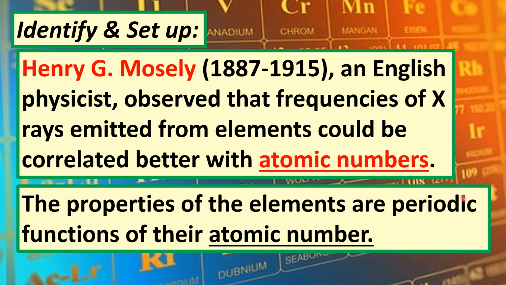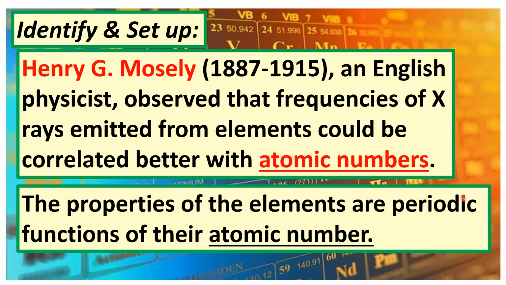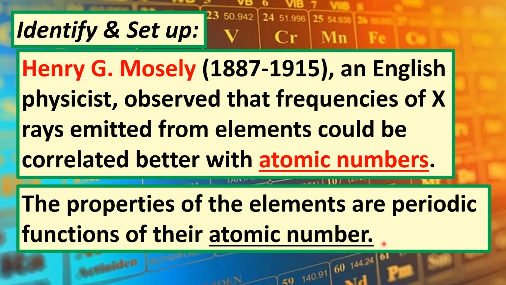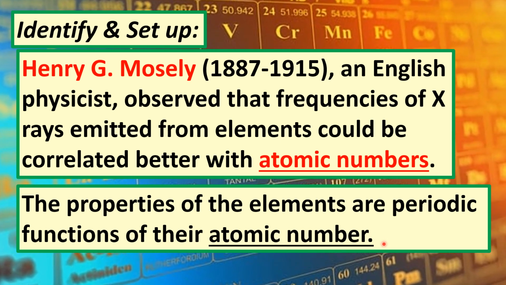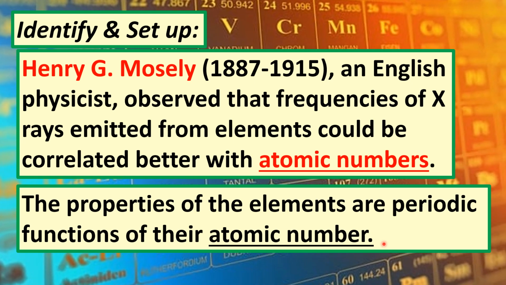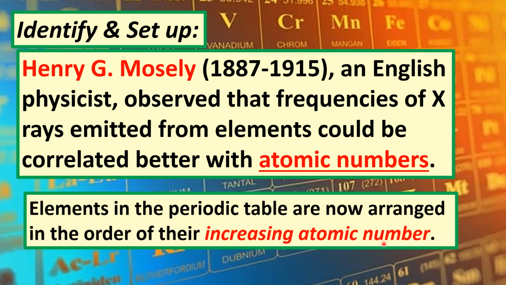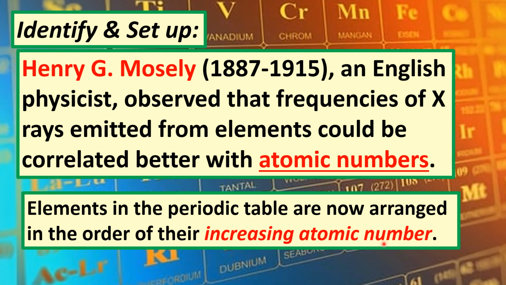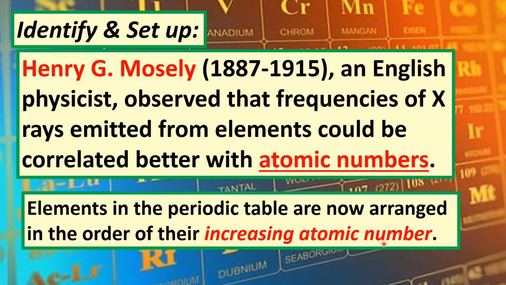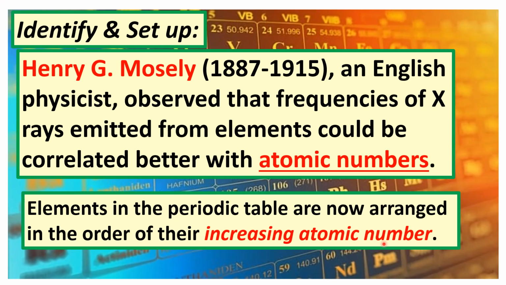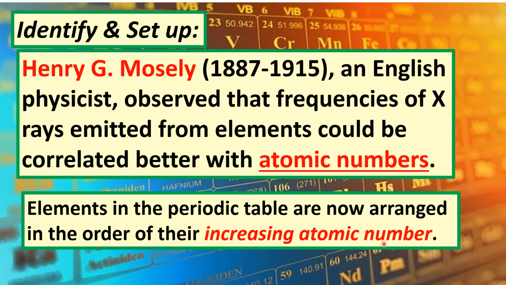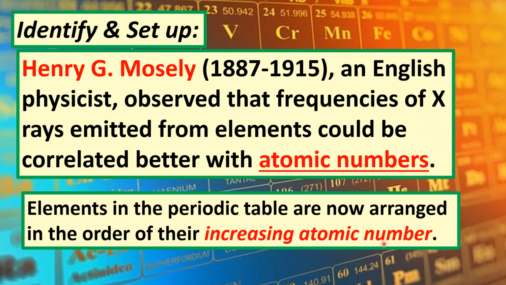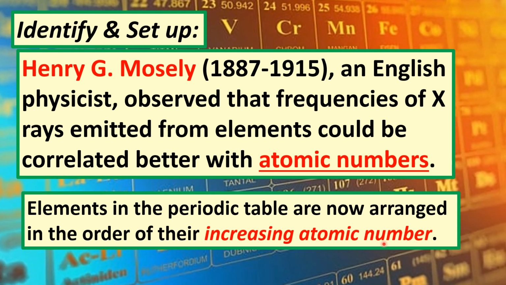He found out that the properties of the elements are periodic functions of their atomic number. Unlike in Mendeleev's original version, in Moseley's version, the elements in the periodic table are now arranged in the order of their increasing atomic number.